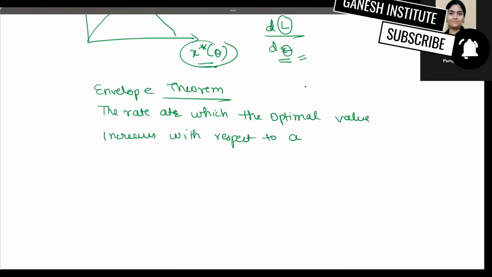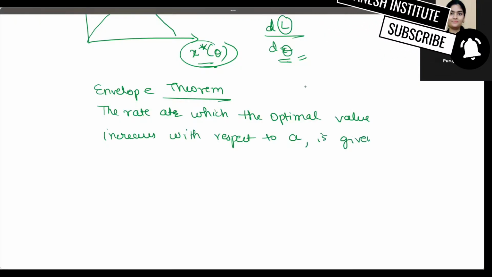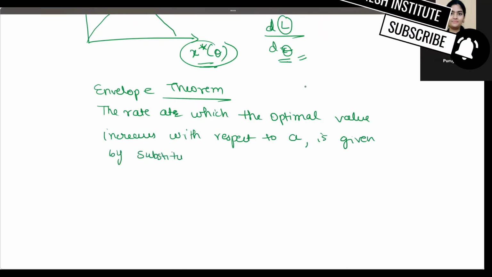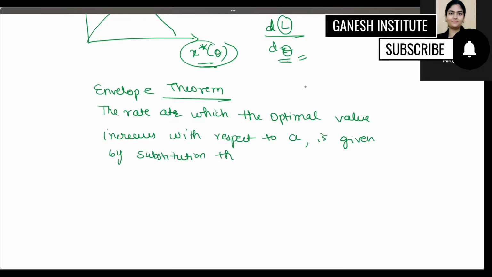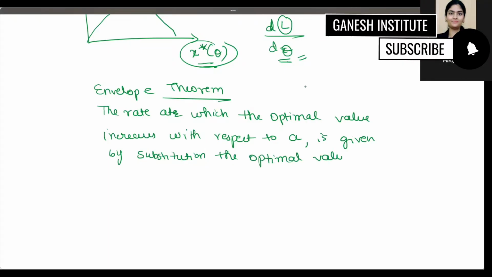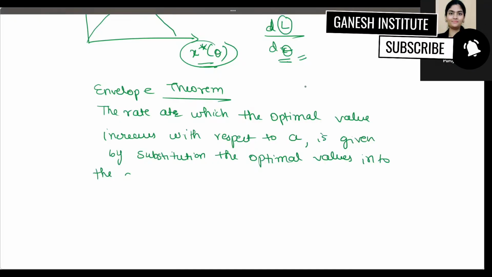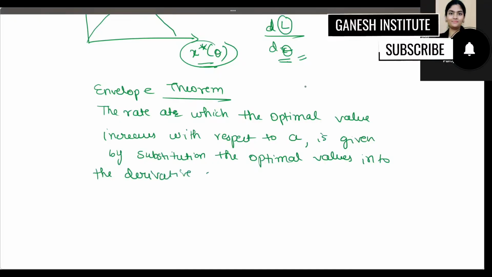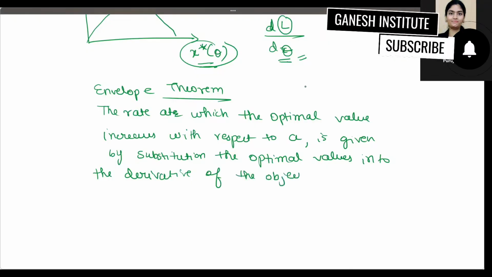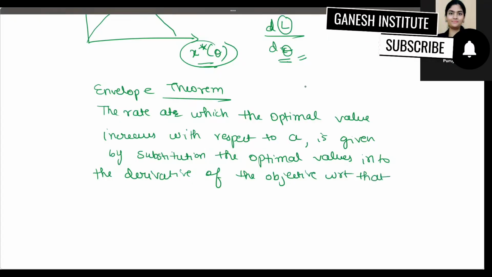And you can find this out by substituting the optimal values into the derivative, and that derivative you have to take with respect to the parameter only. I'll tell you what it means.